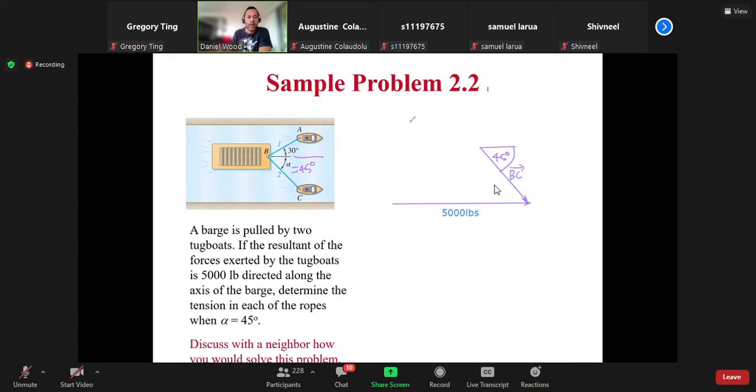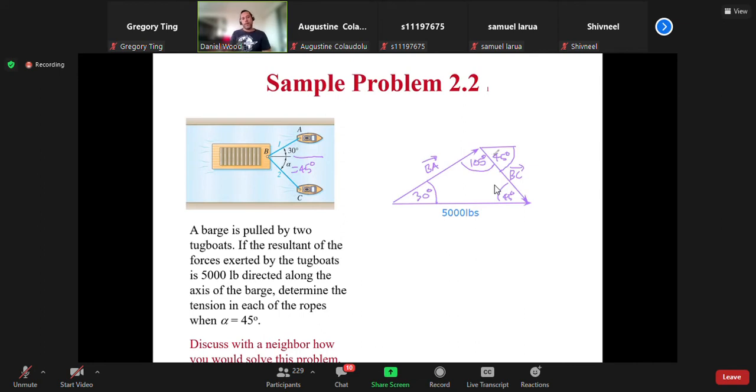Okay, and the other one is here, and that is 30 degrees, and that is vector BA. So if that's 30 degrees, that's 45 degrees, and 45 and 30 is 75 degrees, so this must be 105 degrees.